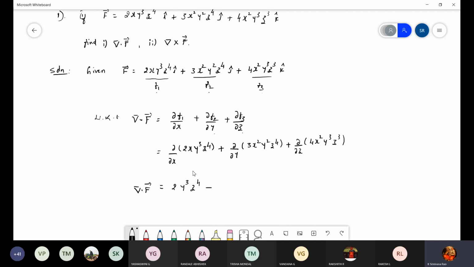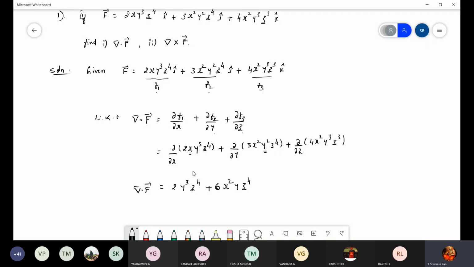Plus, with respect to y, the differentiation of y square is 2y, so 2 times 3 is 6: 6x square y z power 4.